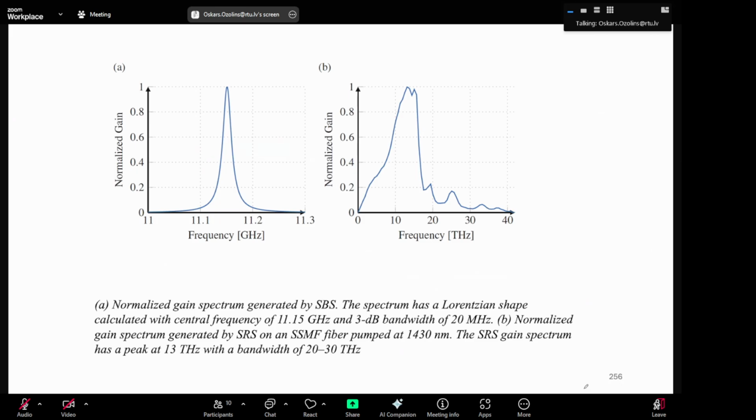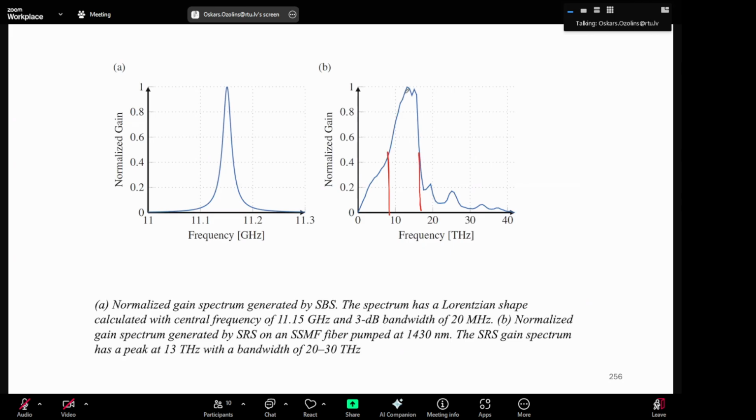And then we have this gain spectrum generated by stimulated Raman scattering on single mode fiber if you pump it at 1430. So there are different effects which happen in a fiber. One is Brillouin scattering, the other is Raman scattering, and Raman scattering is a nonlinear effect, but it is also notable for its broad nature.